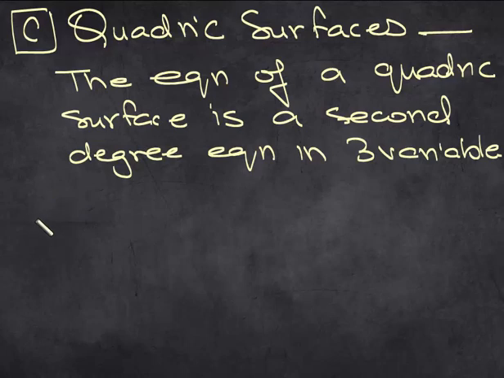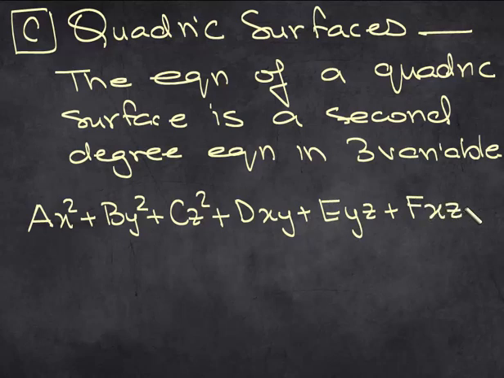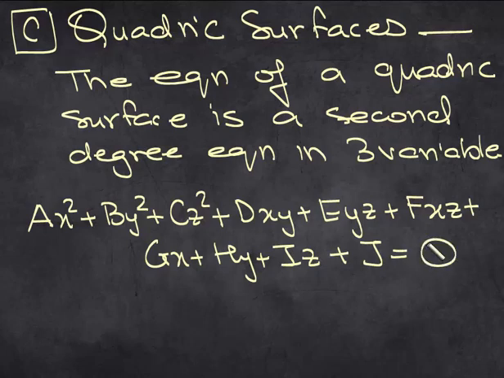We have ax squared plus by squared plus cz squared plus dxy plus eyz plus fxz plus gx plus hy plus iz plus j is equal to 0. So this is a typical general equation of a quadric surface. The main thing is it is an equation of degree 2.